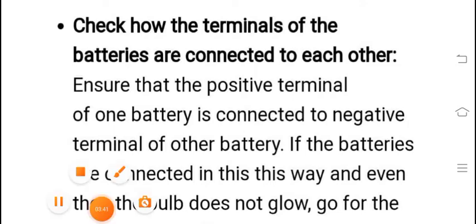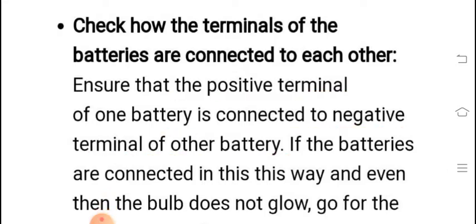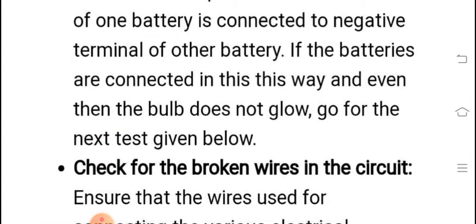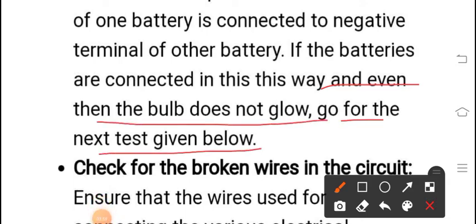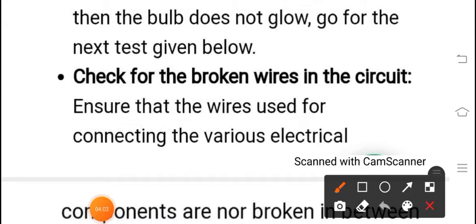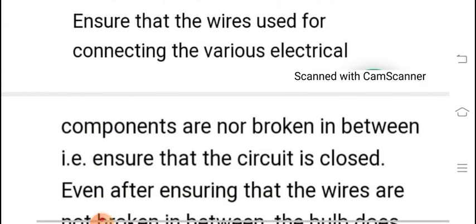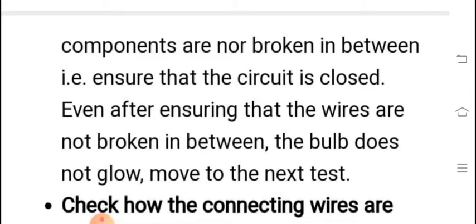Okay, so I'm reading here, listen carefully. Ensure that the positive terminal of one battery is connected to the negative terminal of the other battery. If the batteries are connected in this way and even then the bulb does not glow, go for the next test given below. The next step is to check for broken wires in the circuit. Whether the wire is broken or not, you have to check it. Ensure that the wires used for connecting various electrical components are not broken in between, that is, ensure that the circuit is closed.